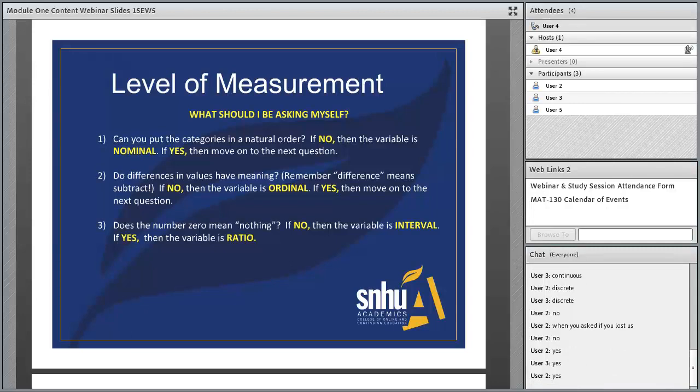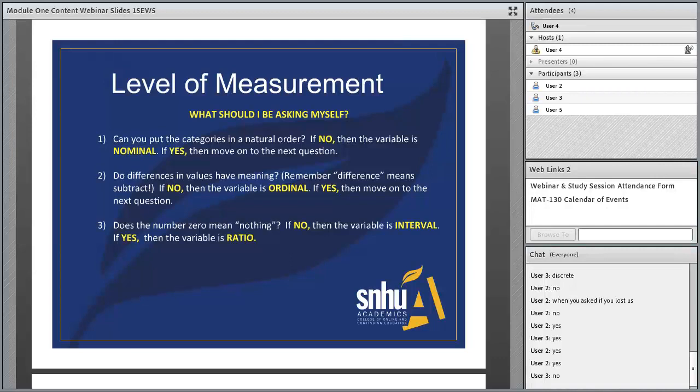Does the number 0 mean nothing? Amount of water used. All right. Excellent. So yes, here the number 0 does mean nothing, because if you have used 0 gallons, that means you didn't use any water.